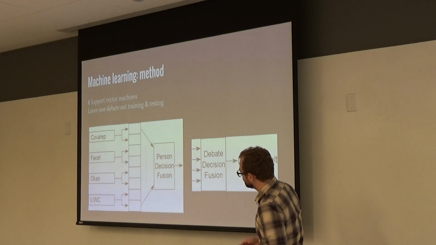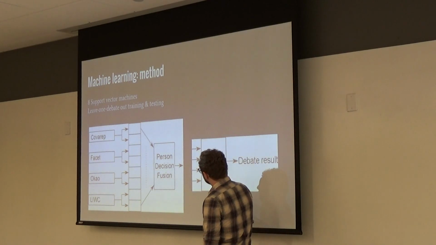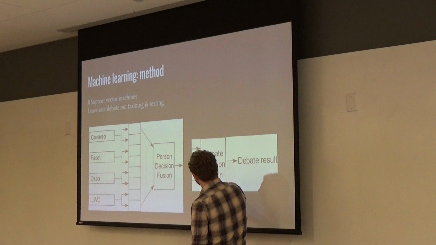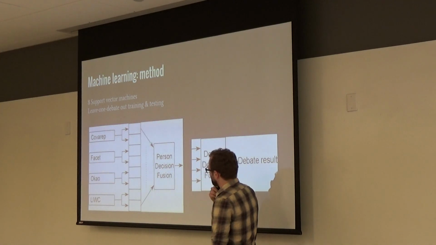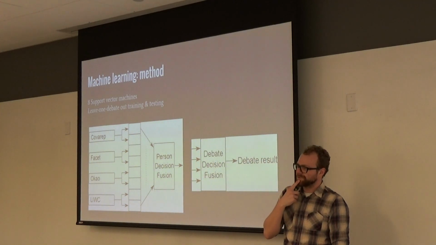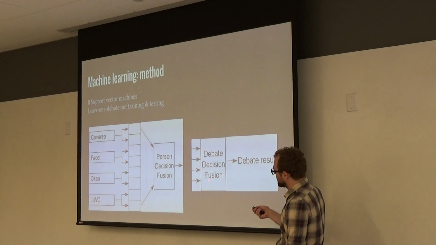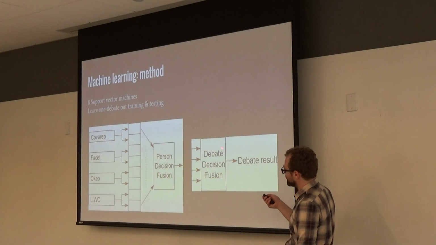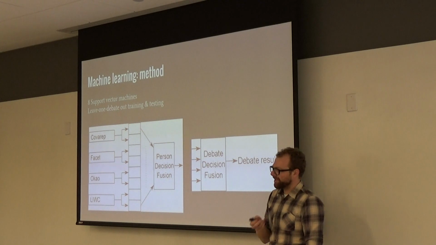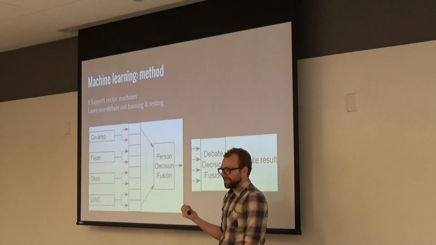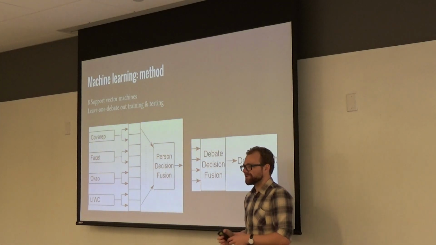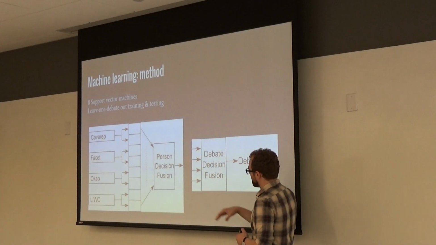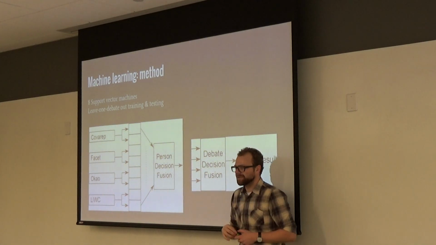So if we wanted to maybe learn a model here, what would we have to do? So we could just change this simple majority vote fusion into a classifier, like a support vector machine or something like that. What are the steps that we need to do here?